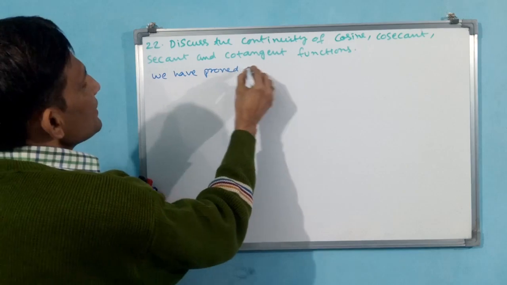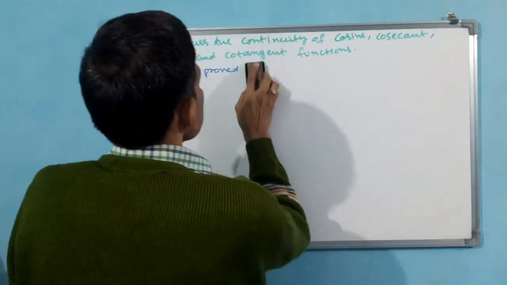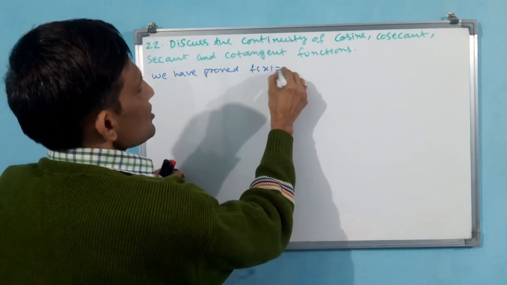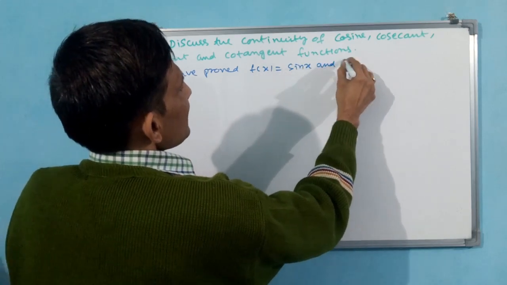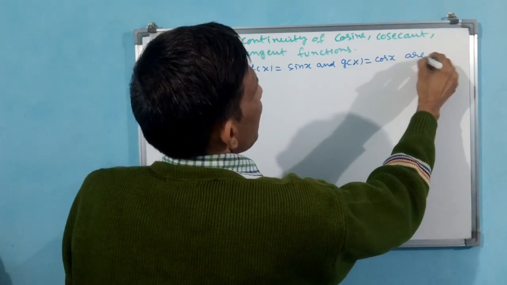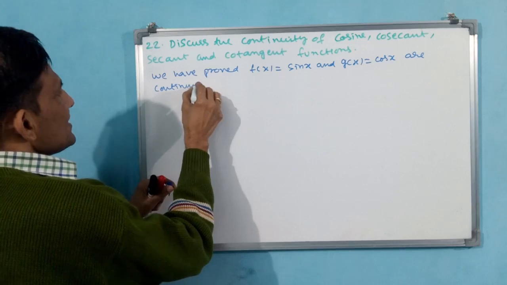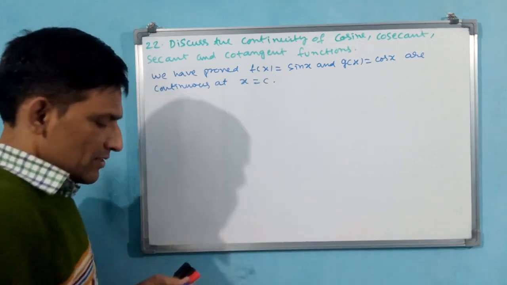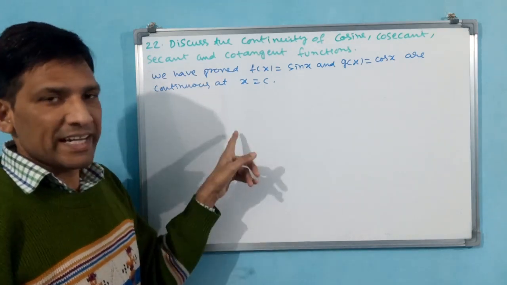We have proved f of x is equal to sin x and g of x is equal to cos x are continuous at x is equal to c. This you write first. I have written it, but you have to prove it once again in your examination.